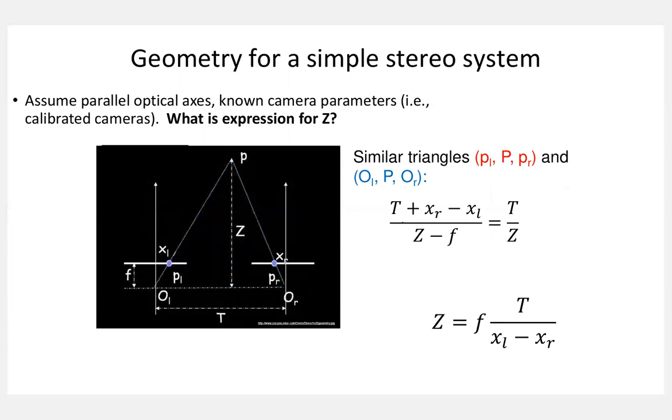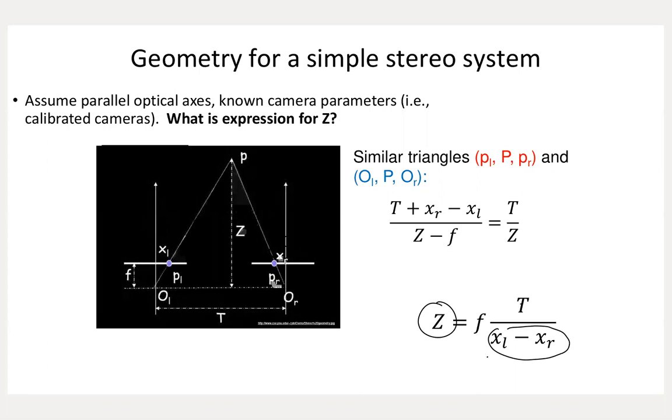Or it should be plus XL minus XR, because here XL is on the negative side. Anyway, then when we rearrange, we get Z equal to T over (XL minus XR) times F.